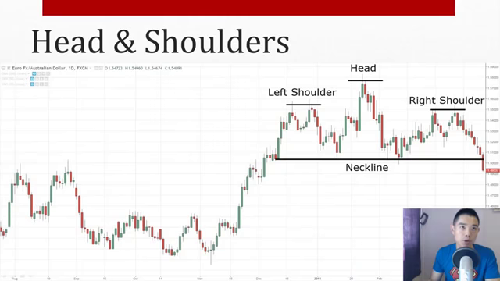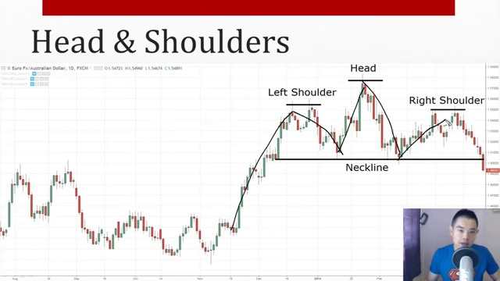And the other one is what we call a head and shoulders pattern. This is a sign of weakness in the market, because if you think about this, the price hit higher, then retraced. Made another move higher, breaking the previous high, and then retraced. Now you try to hit higher, but it couldn't even retest this prior high. So this is a sign of weakness, telling you that the buyers weren't as strong compared to the previous high that was made.